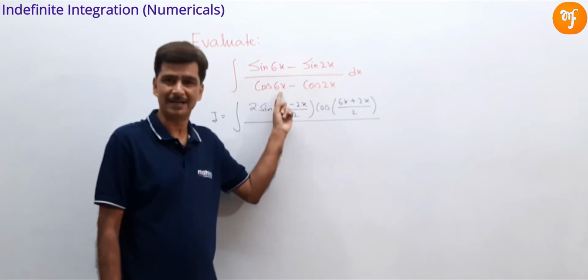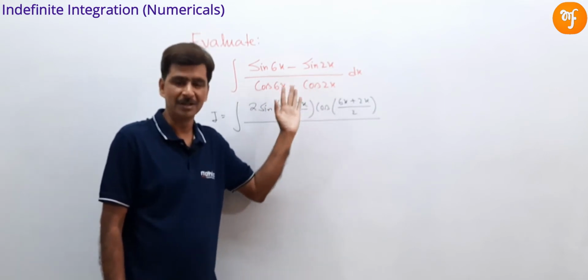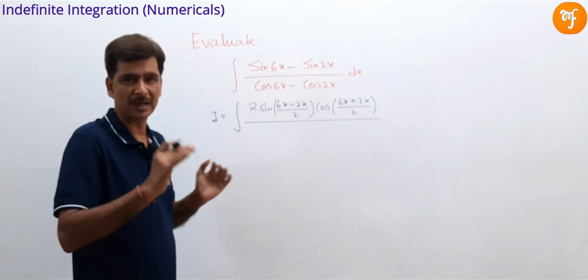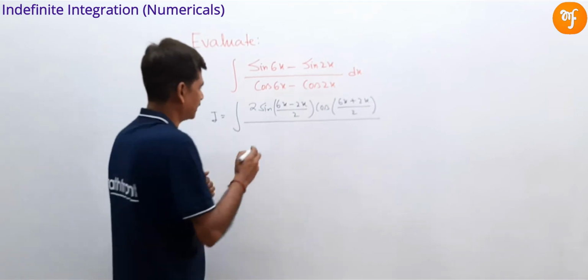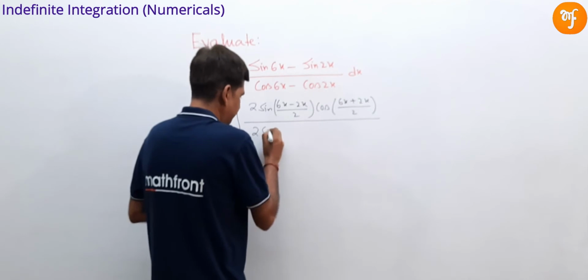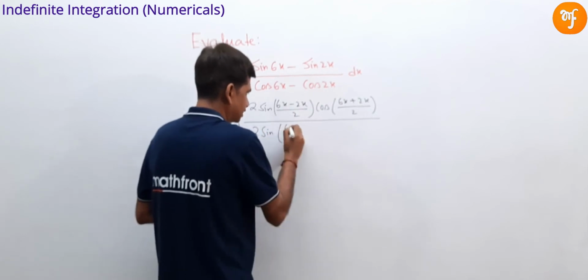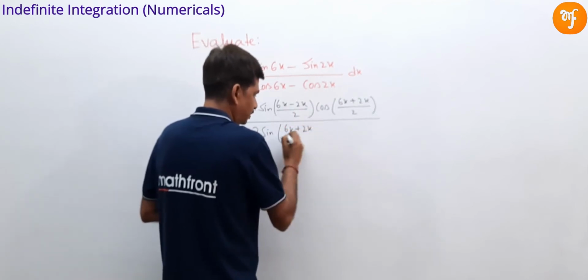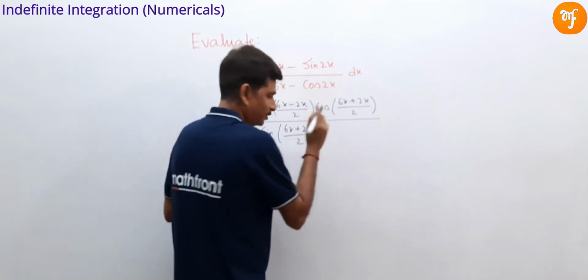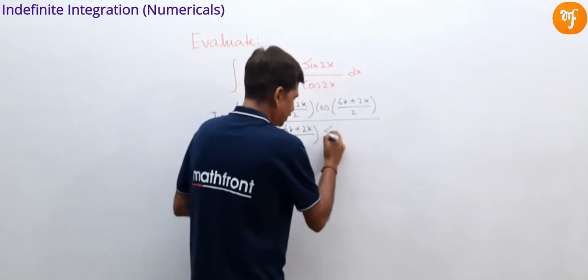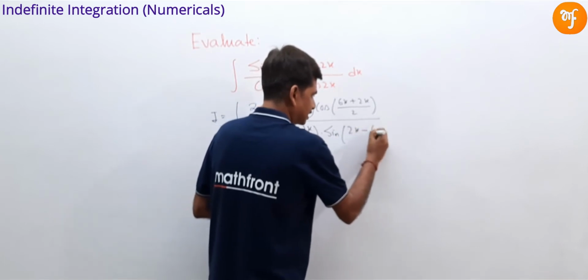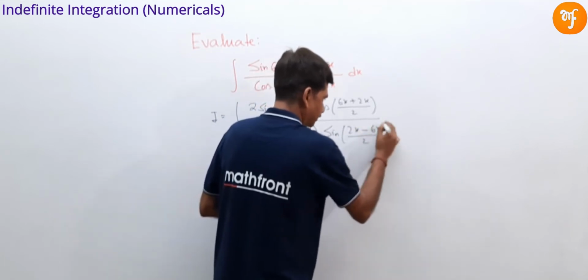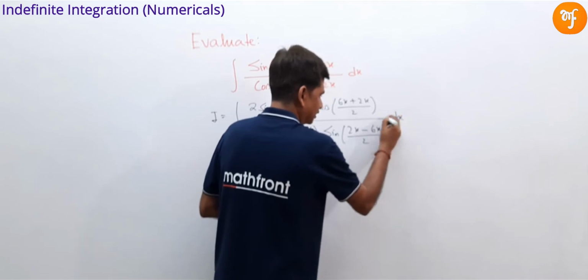Here also c as 6x and d as 2x. So cos c minus cos d is 2 sin of (c plus d) by 2 into sin of (d minus c) by 2. So we are applying 2 sin of (6x plus 2x) divided by 2, into sin of (2x minus 6x) whole divided by 2, dx.